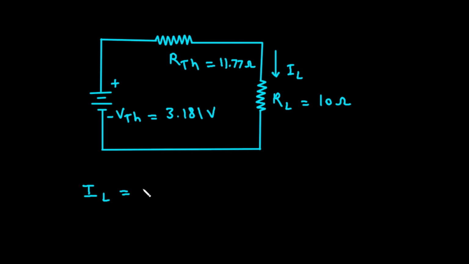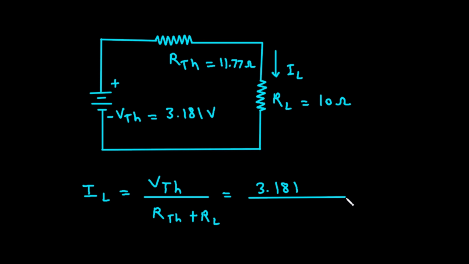Now IL is equal to voltage divided by resistance. So here voltage is VTH divided by RTH plus RL. Here the value of VTH is 3.181 divided by the RTH value 11.77 plus the RL value 10.